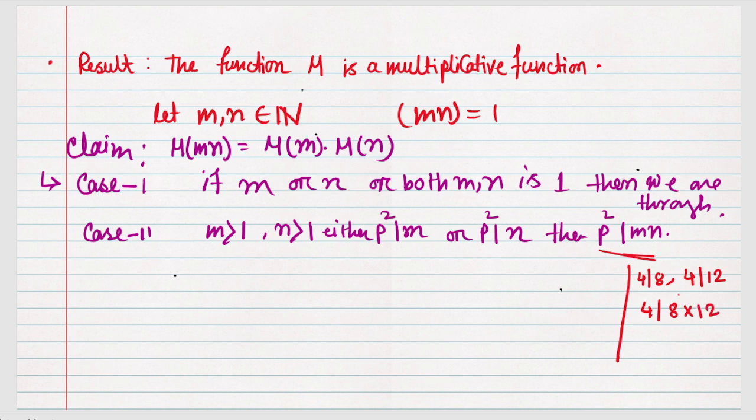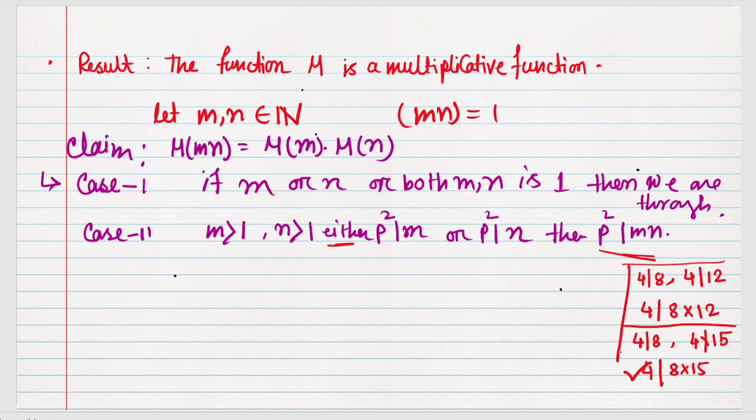And for the either portion, if 4 divides 8 but 4 does not divide 15, then also 4 divides the product 8 cross 15, which is true.